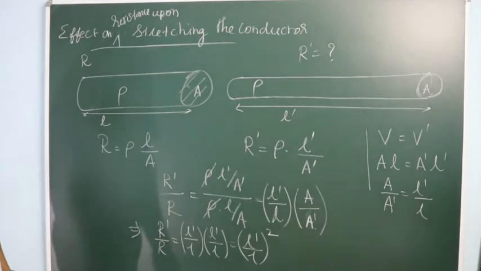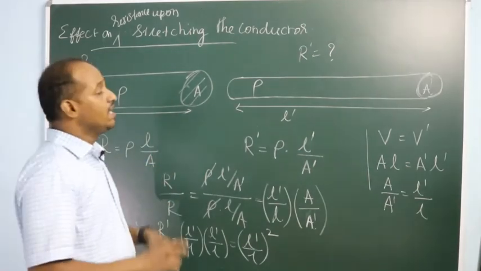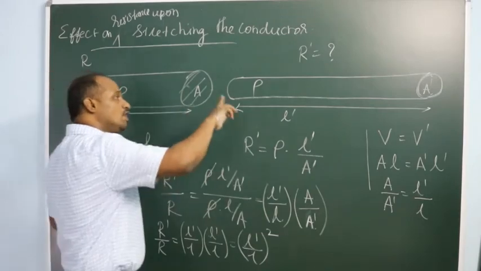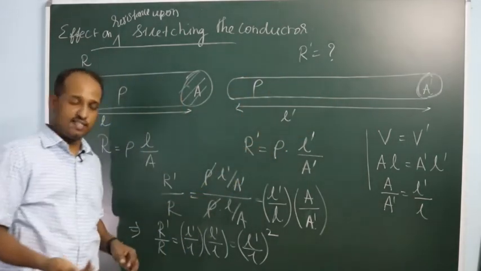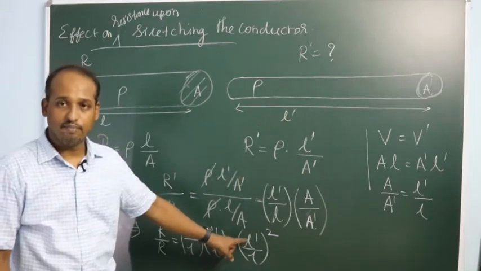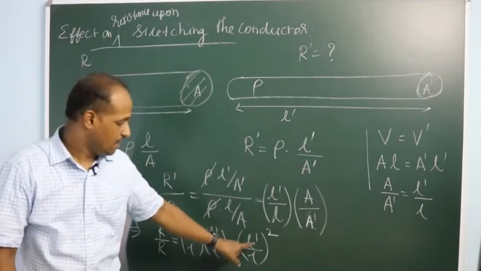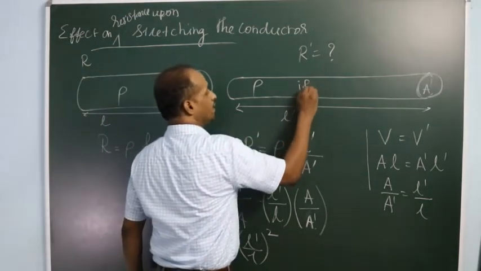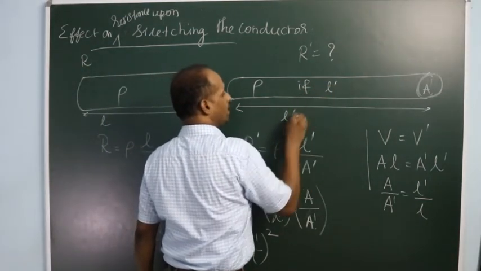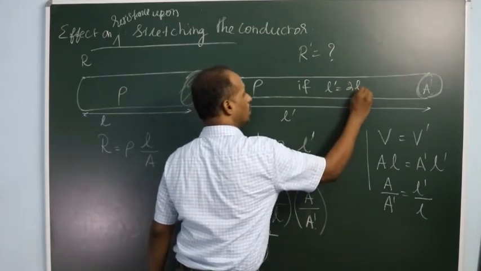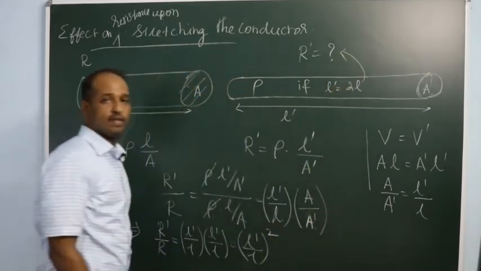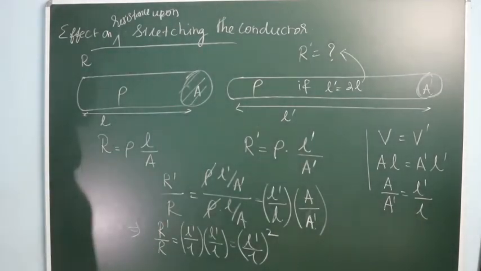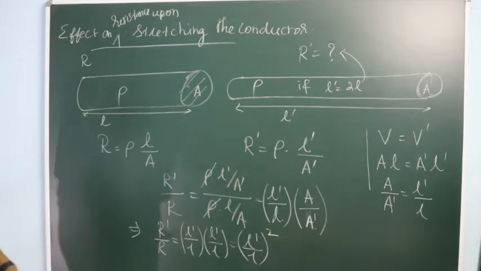So in this case, if the wire is stretched to double the length, what is the resistance? L prime becomes 2L and the old length is L. So this is a general formula: R prime by R is equal to L prime by L whole square.